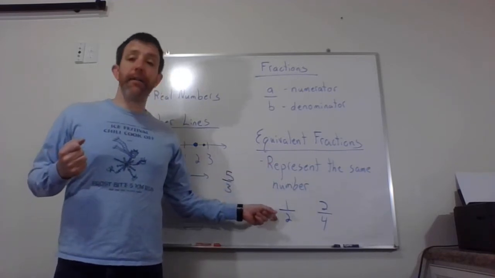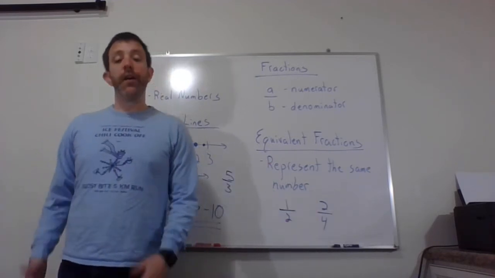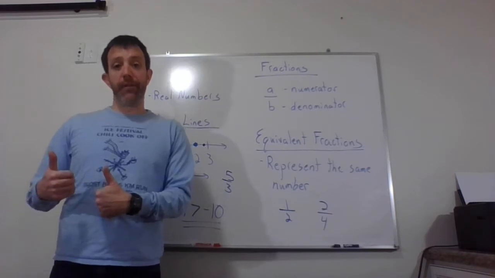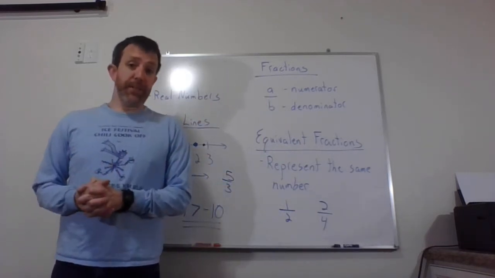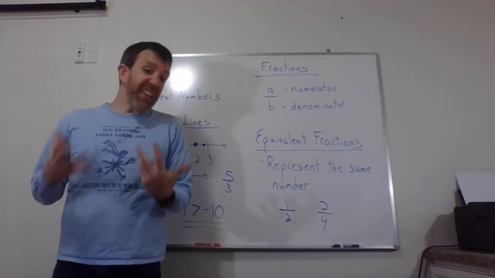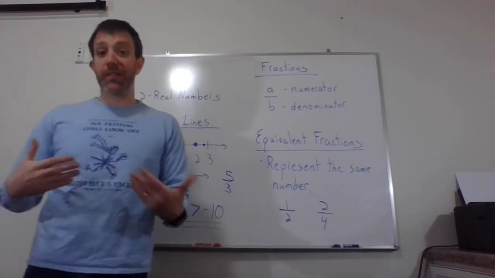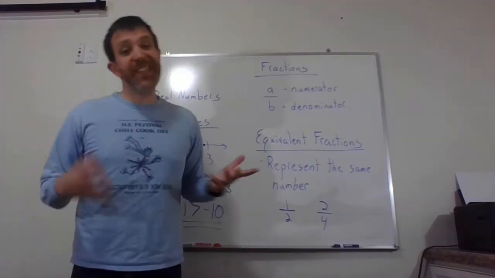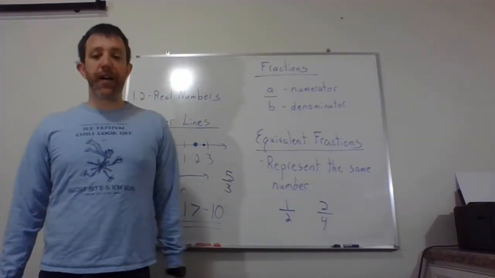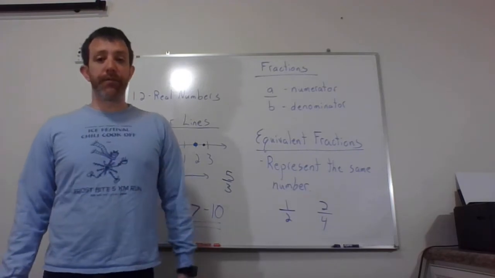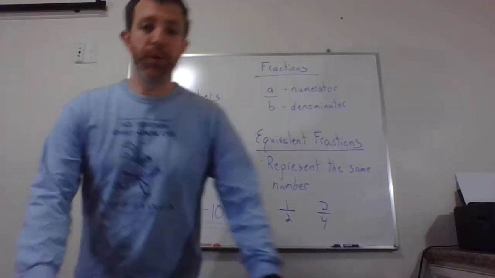Cut one into halves and the other one into quarters. If you shade 1/2 and if you shade 2/4, you're shading the same amount of pizza. So either way, you ate the same amount of pizza, no matter how you want to say, I only ate 1 slice. Yeah, but you still ate half. So those are equivalent fractions, and we're going to look at how to find equivalent fractions just as soon as I change the board.